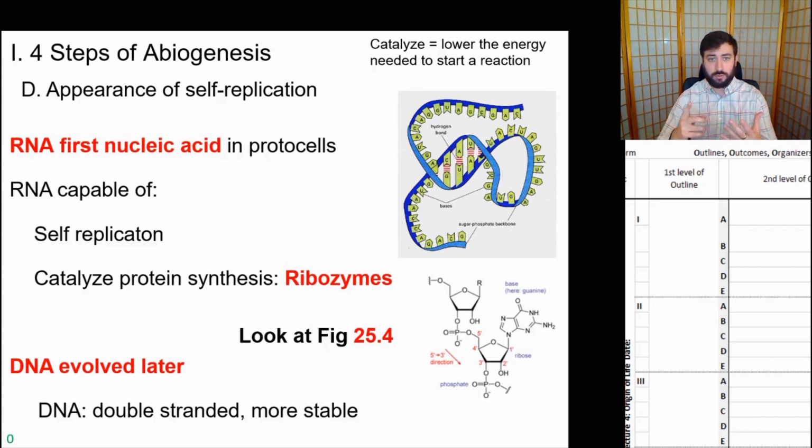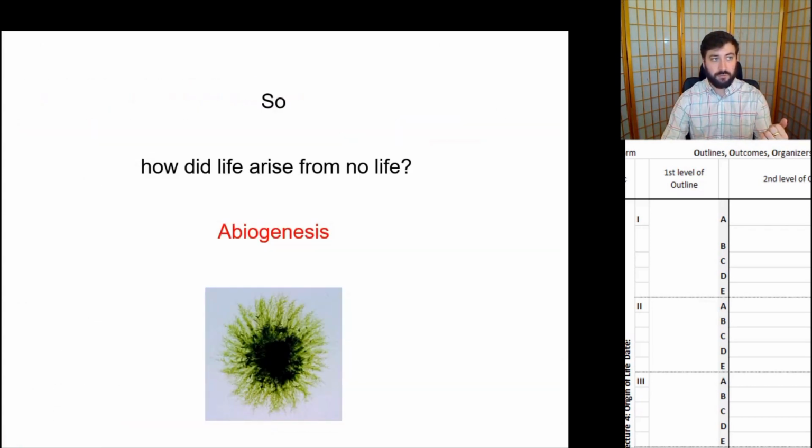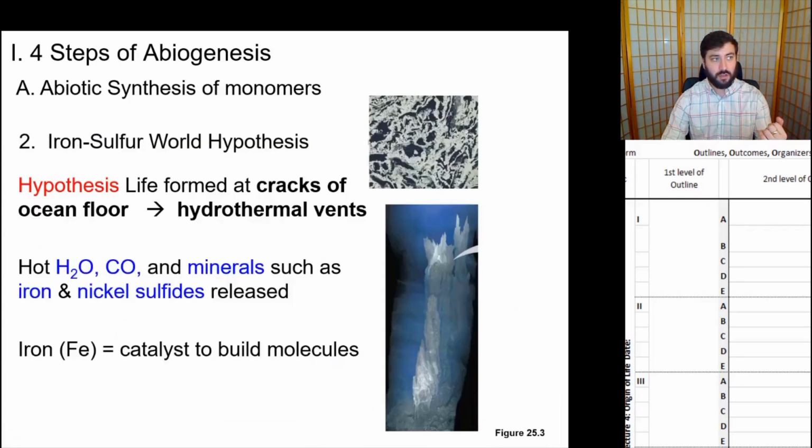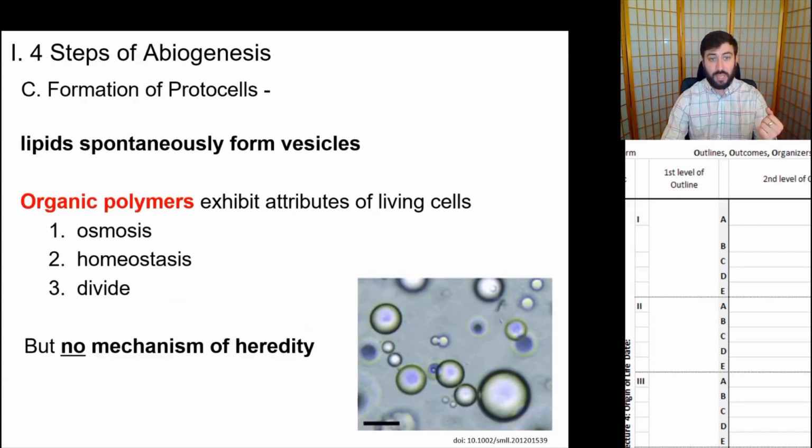So great, we were able to get our initial monomers. Let's recap real fast. We got our initial monomers after these four things needed to happen first. Then those monomers were synthesized into macromolecules. Then we had the formation of protocells, which have this bubble or vesicle shape.